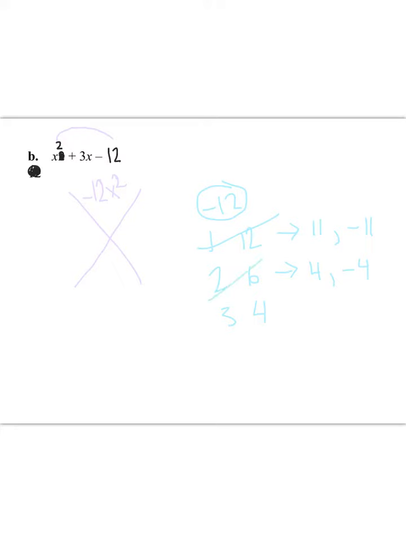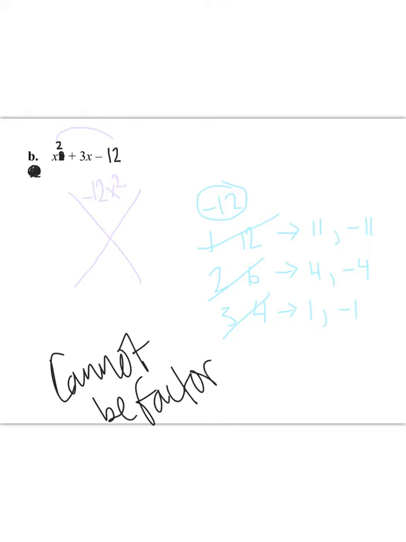So not that one either. Here I would have a negative 3 plus 4, which is 1, or I could have a negative 4 plus 3, which is negative 1. So it's neither of those. Therefore, this cannot be factored, because there are no values that multiply together to give us negative 12 and add up to be 3.